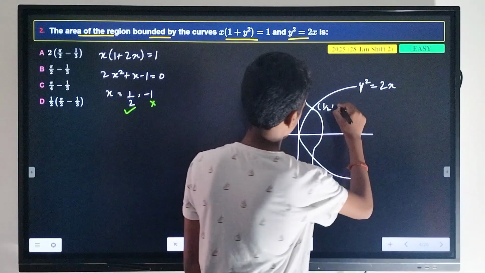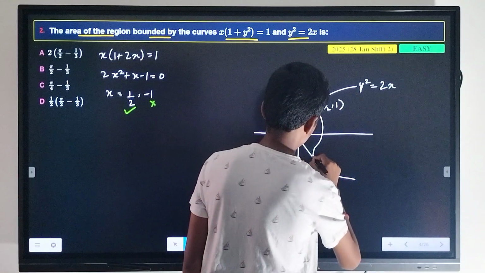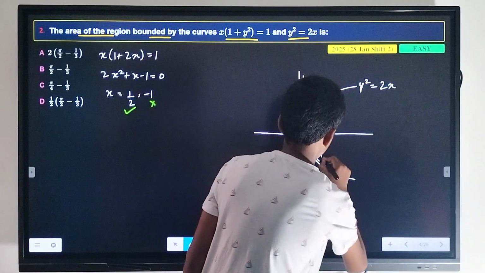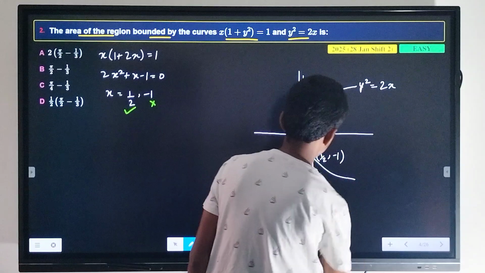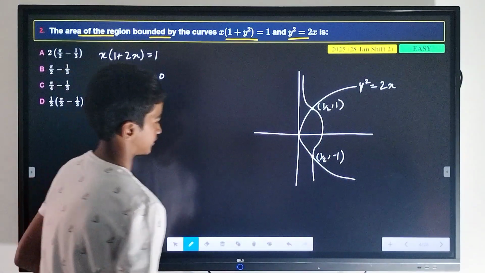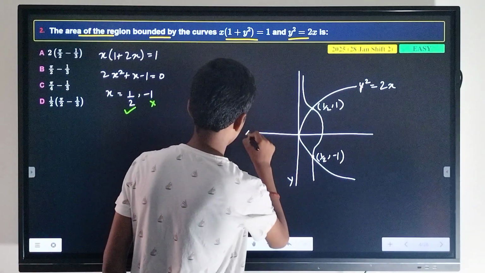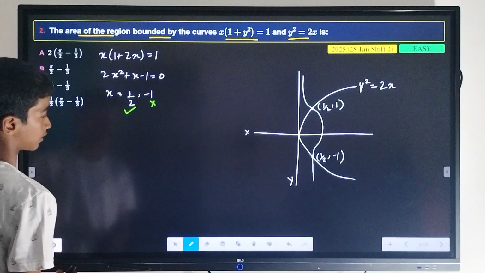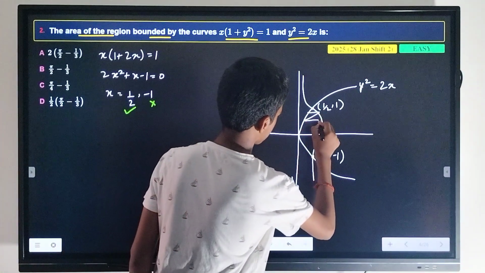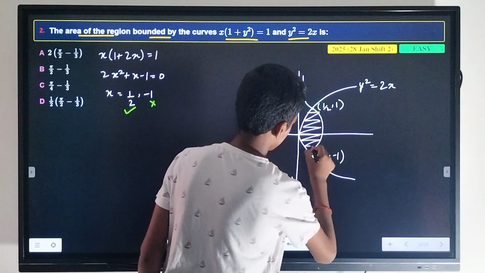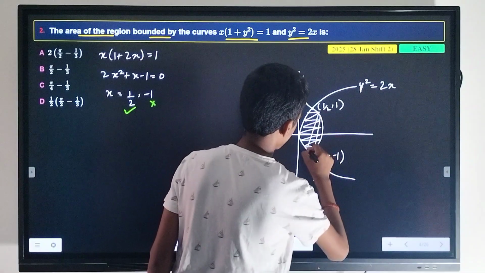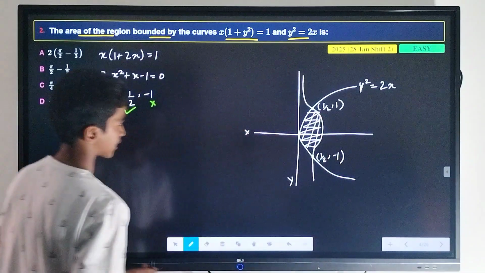In the first quadrant plus 1, and in the fourth quadrant 1 upon 2 comma minus 1. This is y-axis and this is x-axis. So our required area is this region. This is our required area which we need to calculate.